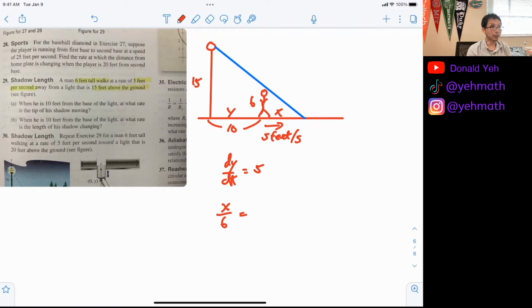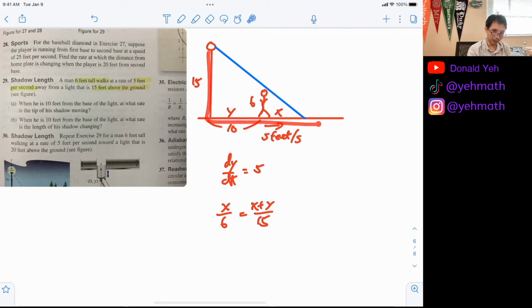They are changing. y over 15... plus x over 15. What is it? y plus x over 15. Thank you. x plus y over 15, because this is the bigger triangle.